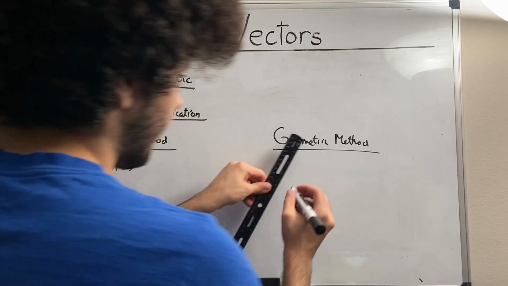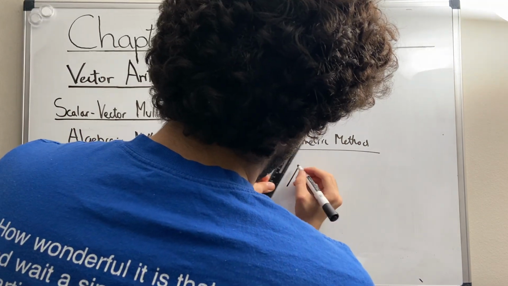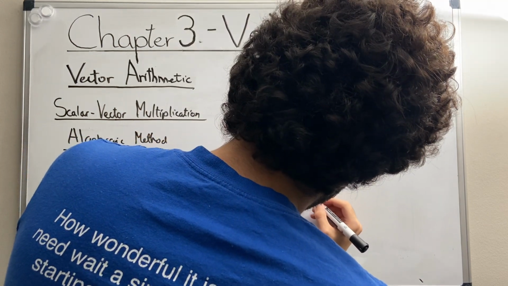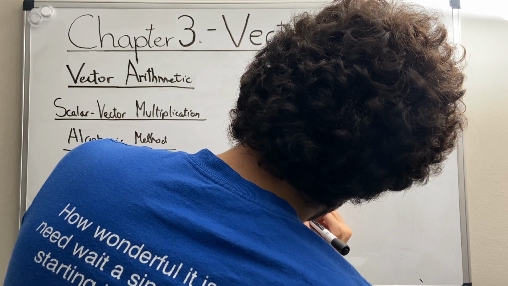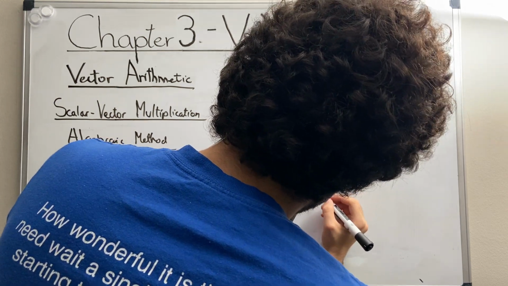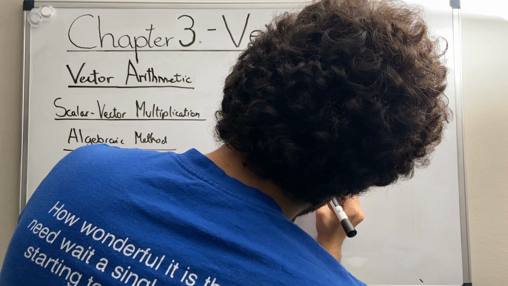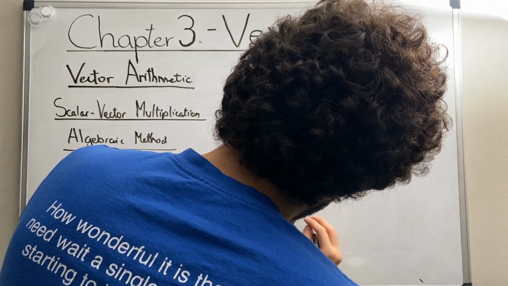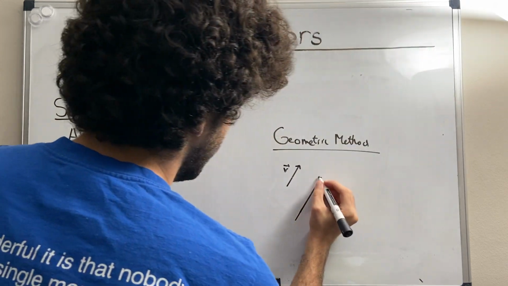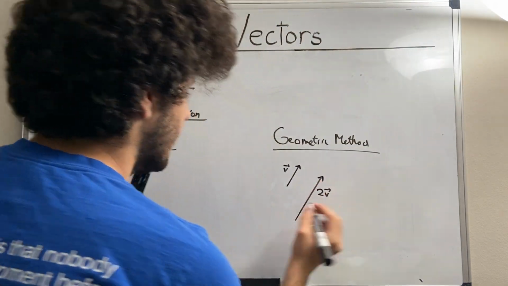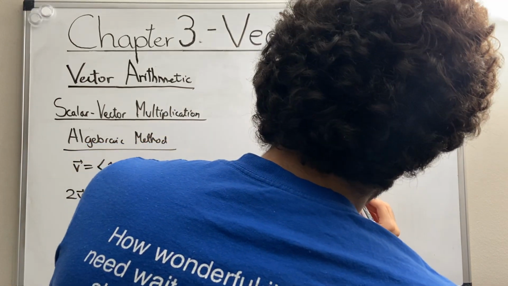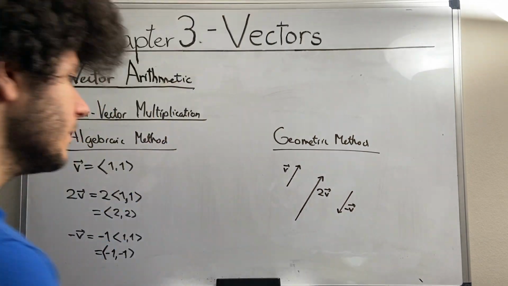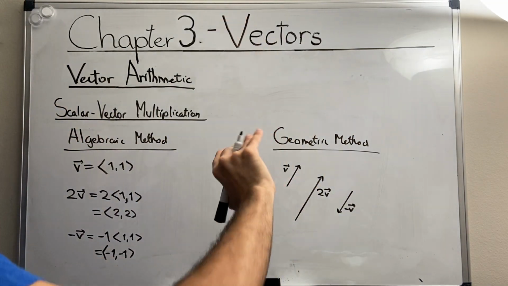And so if we had a vector V like this, then this would be 2V, and then this would be negative V, right? So negative V literally swaps.